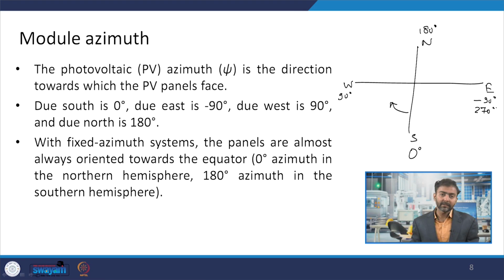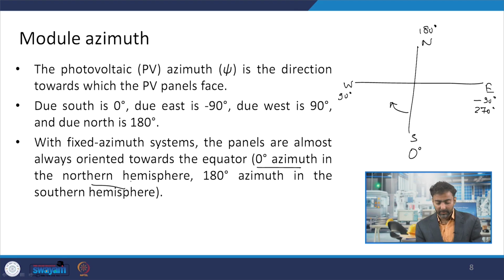And also, as it says here, typically for a fixed azimuth system, or a system which is not tracking the direction of the sun, if we are in the northern hemisphere, then we put the panel facing southwards. Therefore, the default azimuth angle is 0 degree for the northern hemisphere, and vice versa.